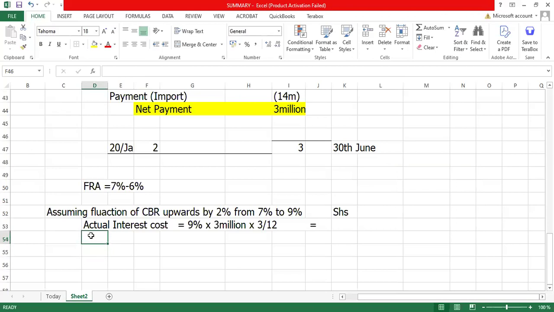So here we are saying it's the banker compensating. So it will be compensation from the bank. And the bank is compensating how much? You get 9% minus 7%.